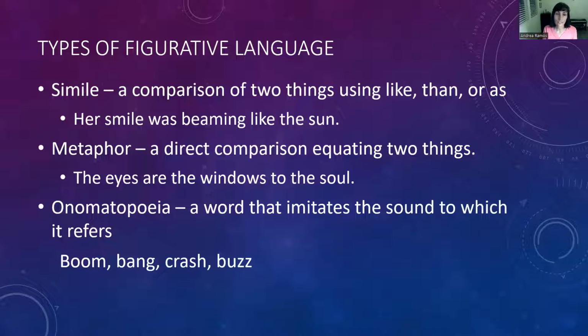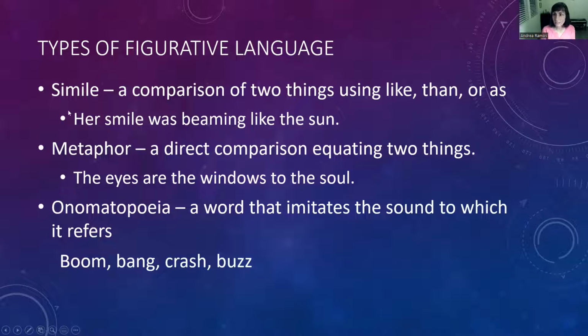So you're saying, for example, her smile was beaming like the sun. We're comparing her smile with the sun, and we're saying that it's bright, shiny, beaming, radiating, glowing like the sun. We're not saying it is the sun, we're saying it is like the sun in the sense that it's bright, shiny, beaming, and radiant, giving off energy like the sun.